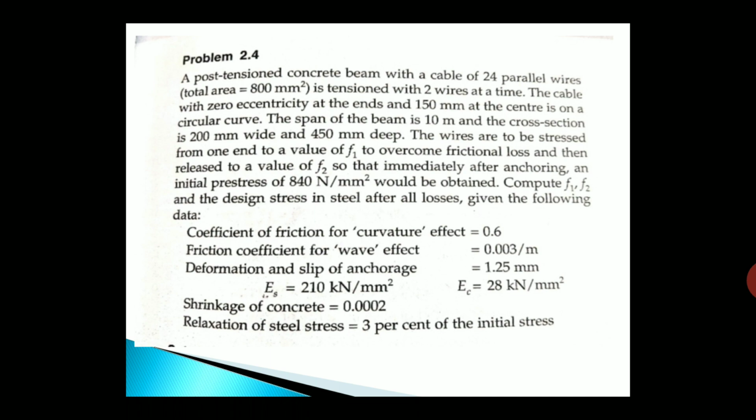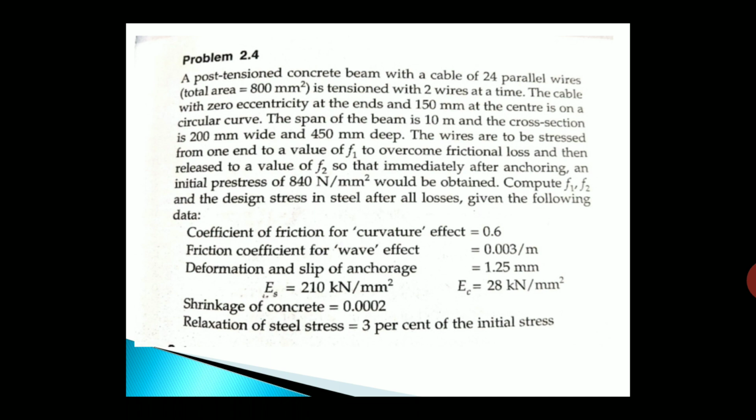Now what is F1? F1 is the stress from one end, okay, to overcome which loss? Frictional loss, and then released to a value of F2, so that we get an initial pre-stress of 840. So first we need to find F1 and F2.